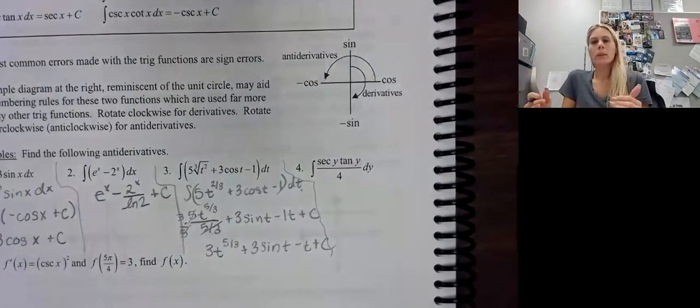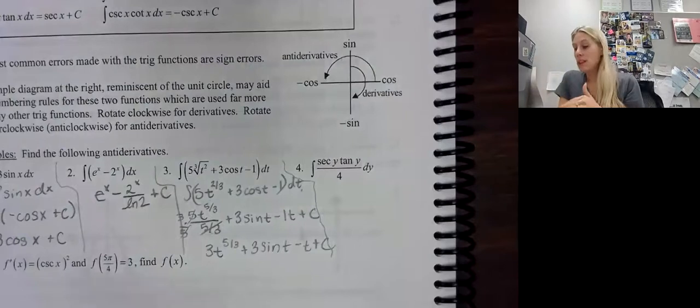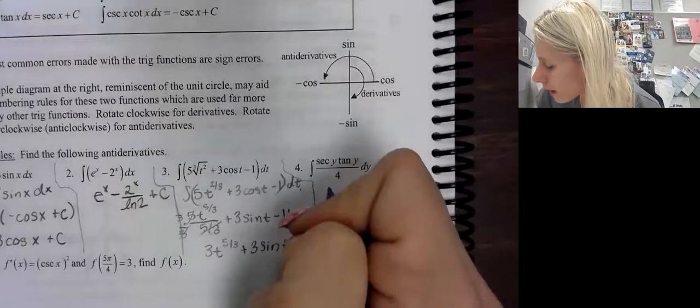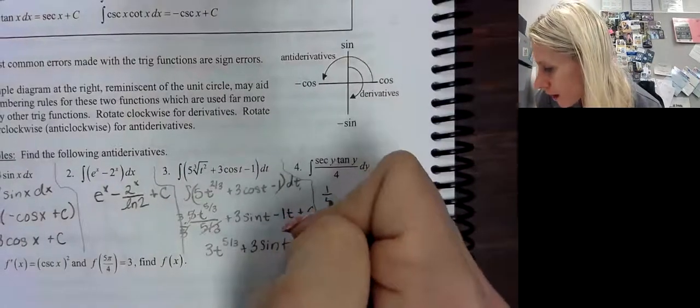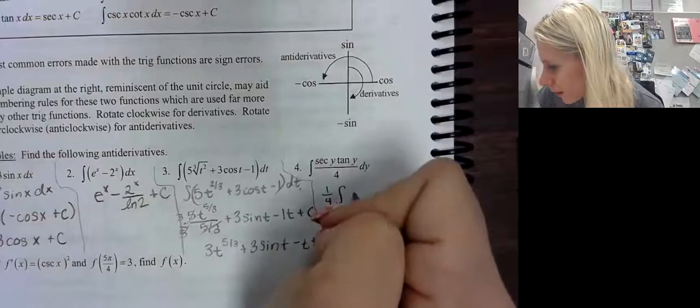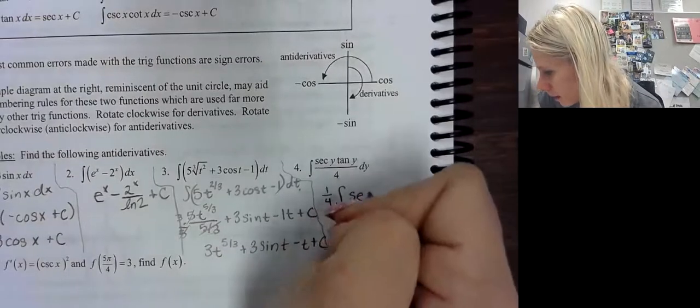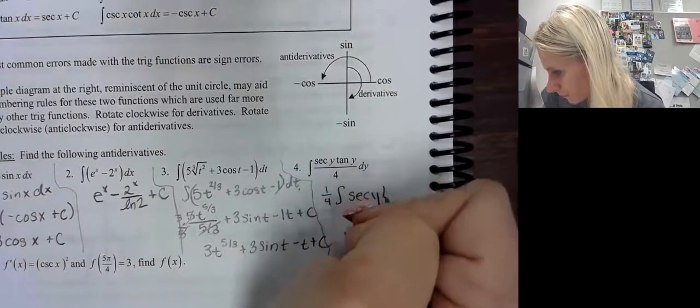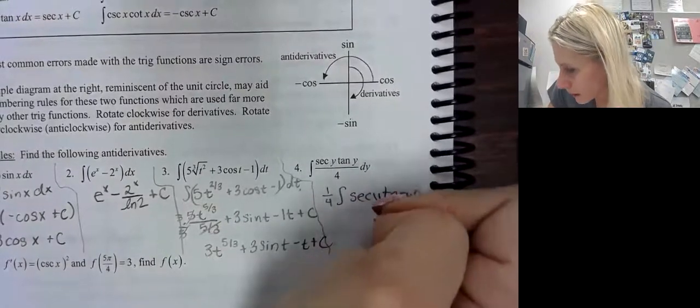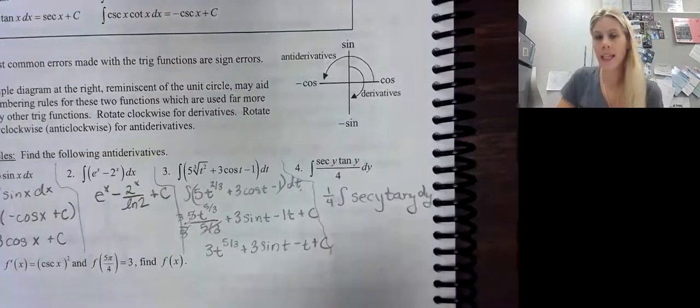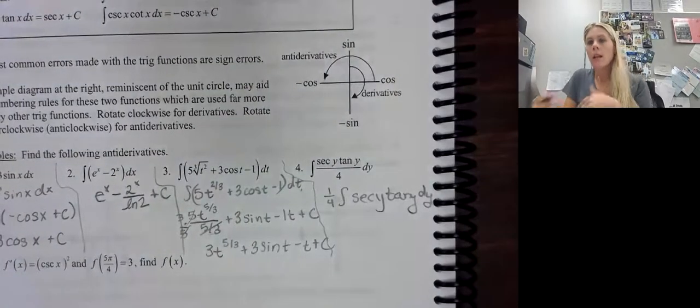All right. Now remember I said that scalar multiplication is really going to help us later. This is where it helps. If you see this 4 in the denominator, it means 1/4. So I can look at this as 1/4 integral of the secant y tangent. Now for now, because we haven't gotten into anything crazy, I must know that this has to be a rule.